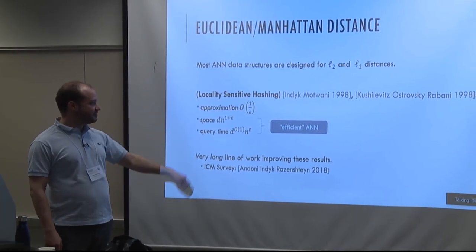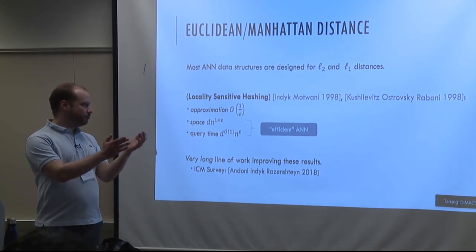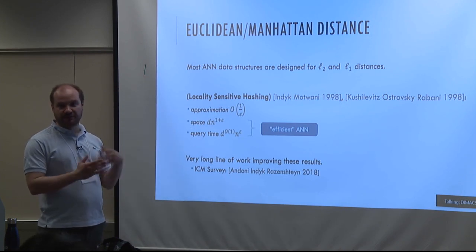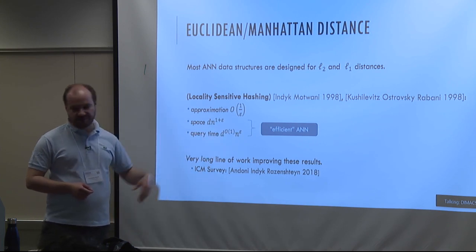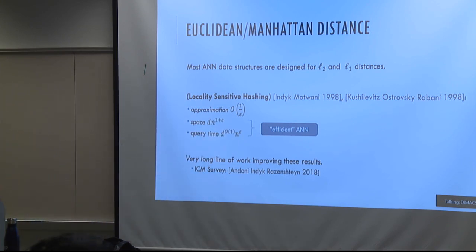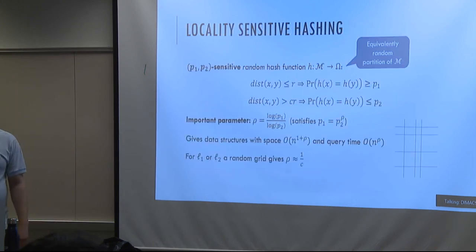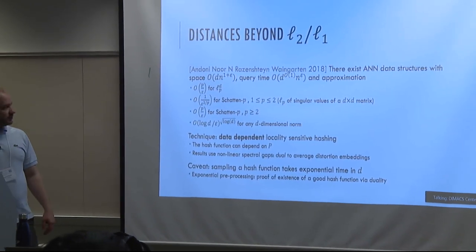Basically, the space would ideally be close to linear, but at least polynomial in dimension and polynomial in n, the data set size, and query time that's polynomial in dimension and sublinear in n. So if you fix these requirements, what is the best thing you can say about approximation, and how does it depend on the geometry of your metric space? That's, I think, an interesting question. Here's something that we know.